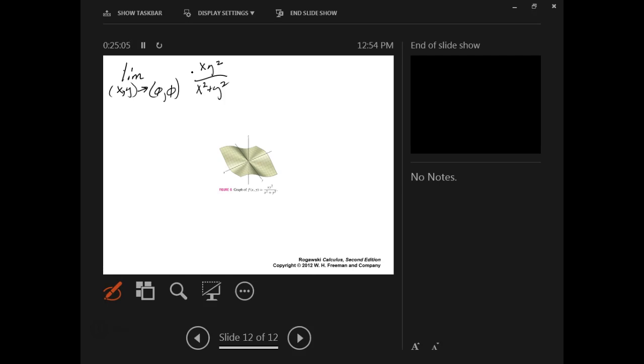So all along the y-axis, it's 0. How about let's come in along the x-axis where y is equal to 0. Well, again, the numerator is 0, and the denominator is any value, so 0 over something is again 0. Okay? That looks okay.